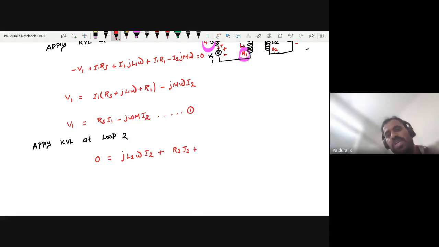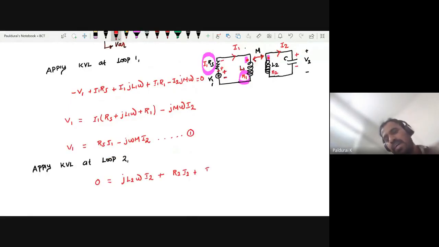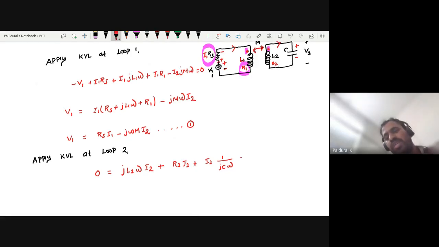what is the voltage drop across this capacitor? I2 times 1 divided by j C omega, where the reactance offered by the capacitor is 1 by j C omega. What about mutual inductance? So minus j M omega, because of I1.